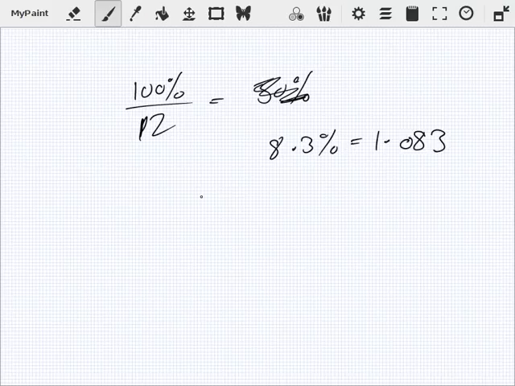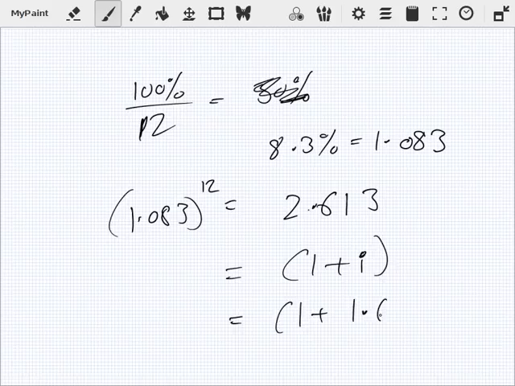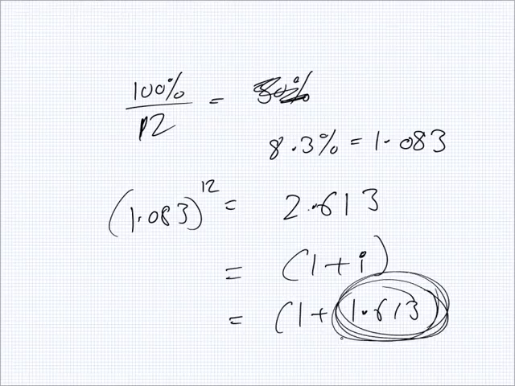Yes? Okay, what's 1.083 power 12? I think that's 2.613. And remember, you're comparing it to 1 plus i. So it's like 1.613. So this is the interest part. Yeah, this is how I got the 161.